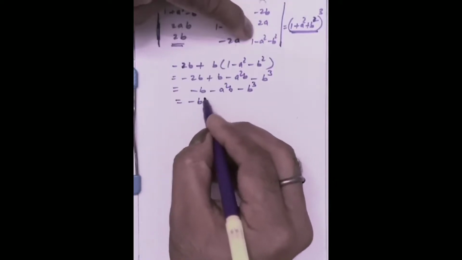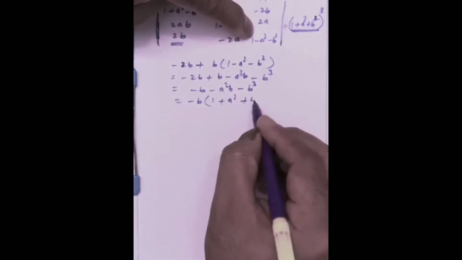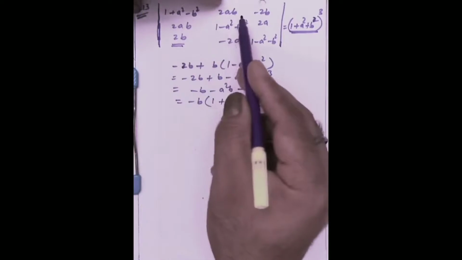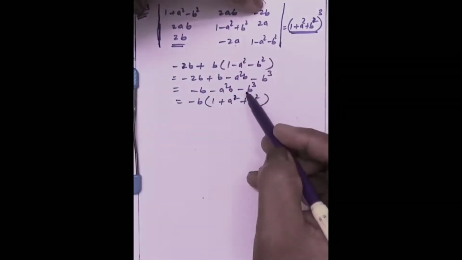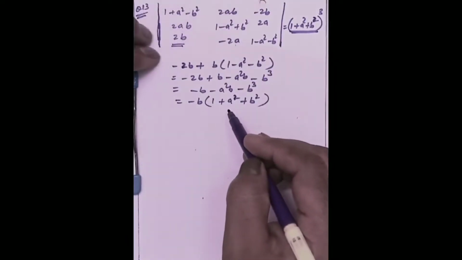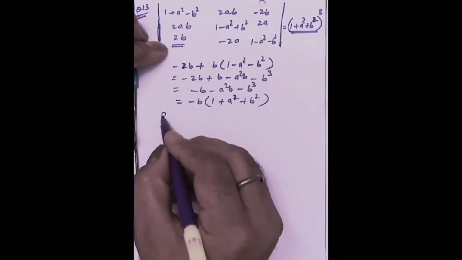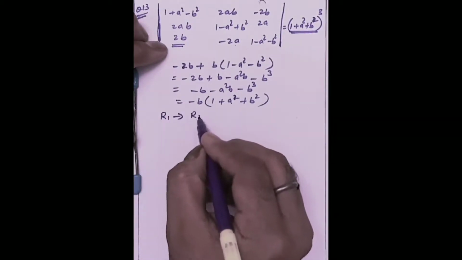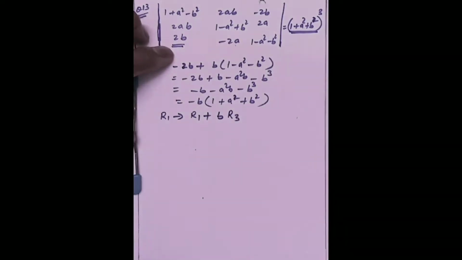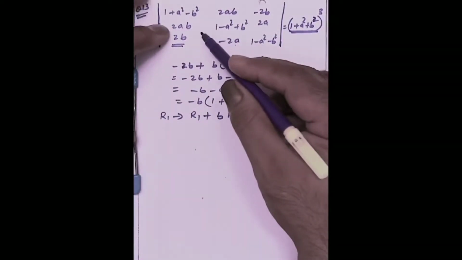So taking minus b common from these three, we will have 1 plus a square plus b square. That means here we will have 1 plus a square plus b square, here we will have 0 and 1 plus a square plus b square. That can be taken common. So that's an interesting move. And that means the first operation will be R1 changes with the help of R1 plus b times R3. Understood?